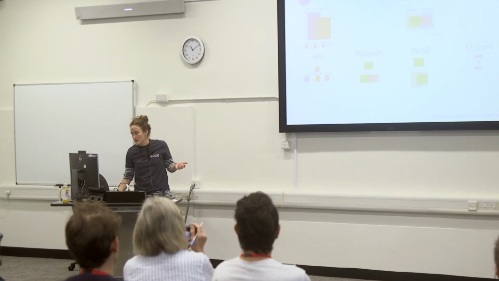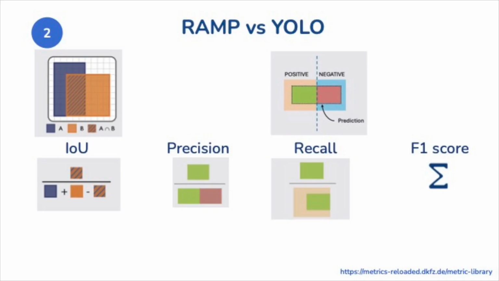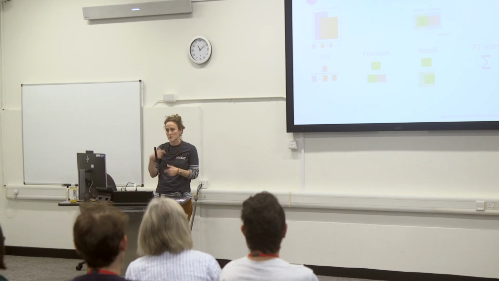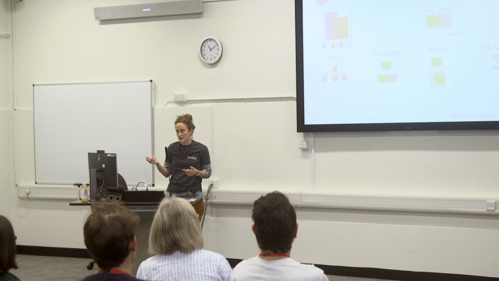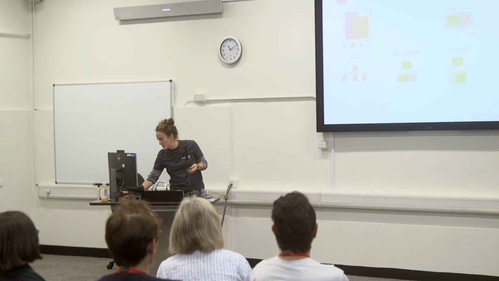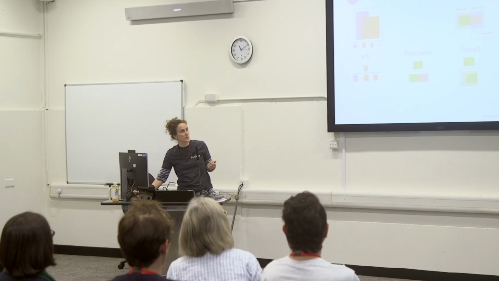And then, I talked about the metrics before. These are metrics which are generally used in computer vision tasks. RAMP and YOLO have a default metric which is different, so I couldn't compare them on that, but that's what the model gives you in output as default. I've chosen these 4 metrics, which you can find in this good library.